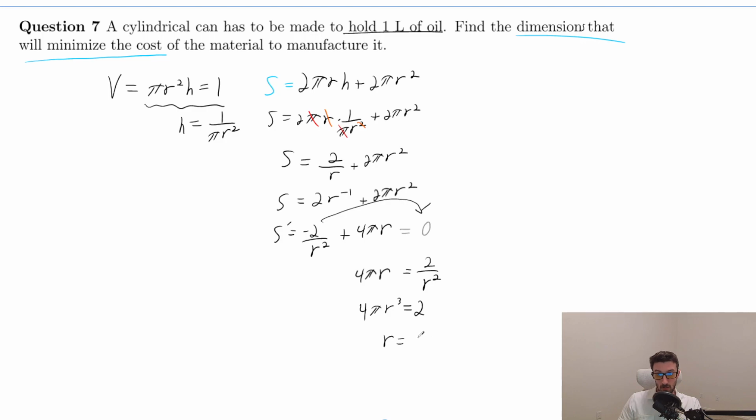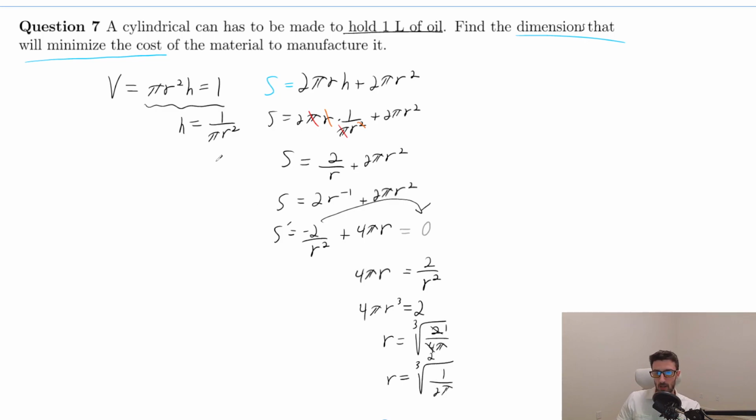Then r should equal the cube root of 2 over 4 pi. I can reduce that a little bit, making it 1 over 2 pi. And it looks like r should end up equaling this.